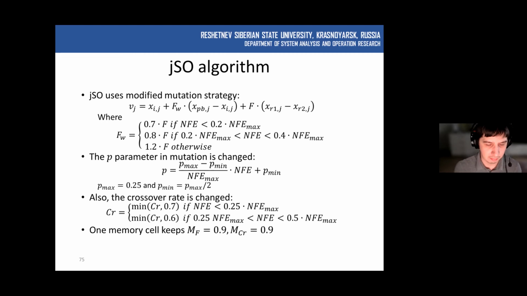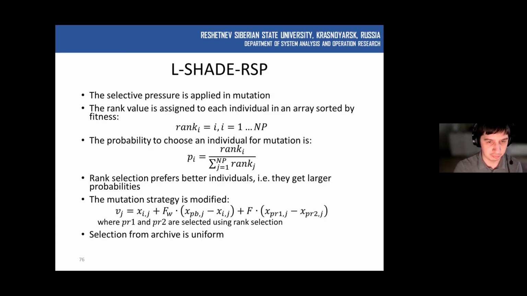Okay, so let us say several words about some other algorithms. So there are many approaches, as I said, for parameter adaptation. So for example, jDE with a lot of rules. In this case, use these parameters or those parameters. Of course, there is our L-SHADE-RSP that took second place in 2018.